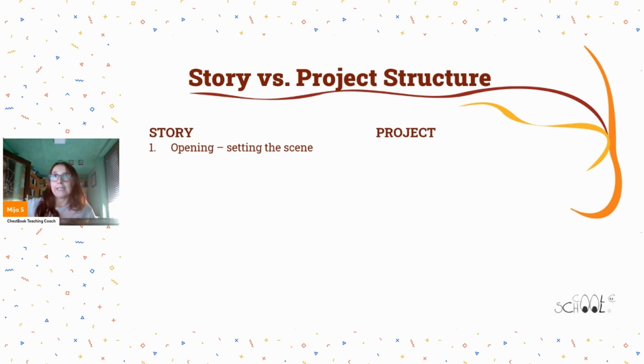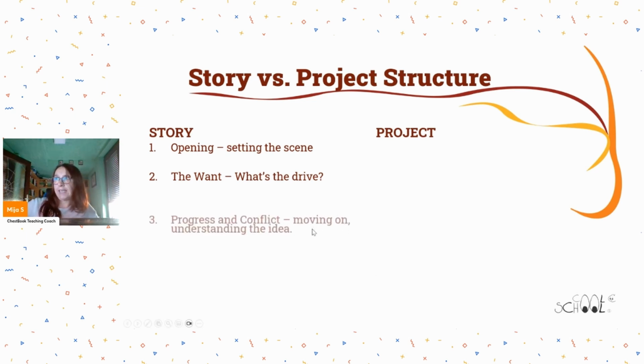Where is the plot taking place? Then we have the second part, which is the want. The second part is where the story's main character reveals their want. It's a driving mechanism for the entire story and the fuel of the story. And for children, it gives the entire meaning and the sense of whatever we are saying.